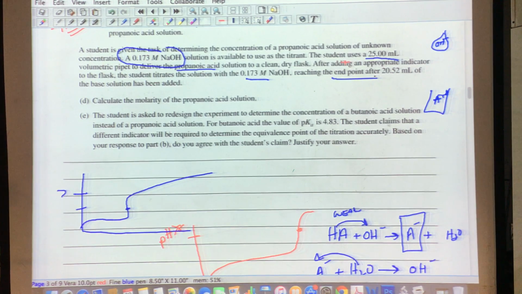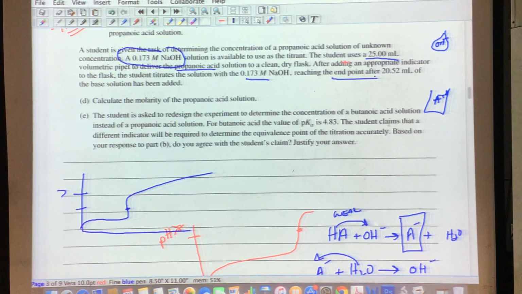Now let me make this very clear. When we're using an indicator, the color change tells the chemist or the person doing the titration to stop. That ends the titration. The endpoint is not exactly the stoichiometric equivalence point, correct? It's a little bit different. They could ask you that in part 2.